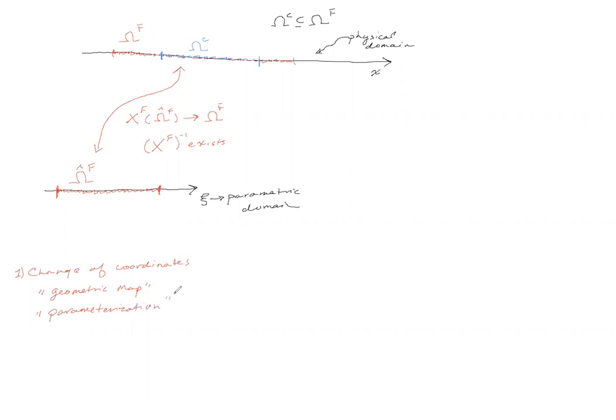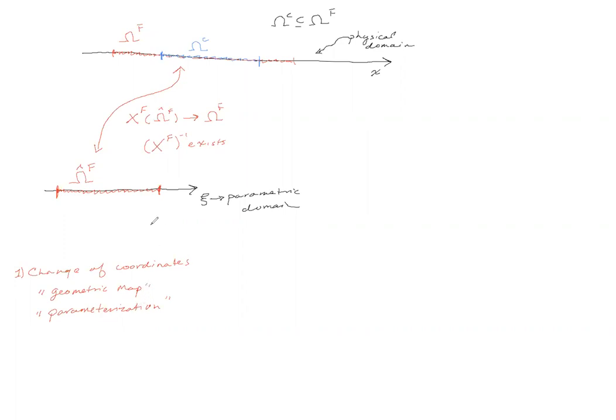So if you ever hear that term thrown around, parametrization, it is a well-defined parametrization, meaning that we've assigned to omega f a set of parameters xc, and we can now write x of xc as our function for our geometry. Okay.